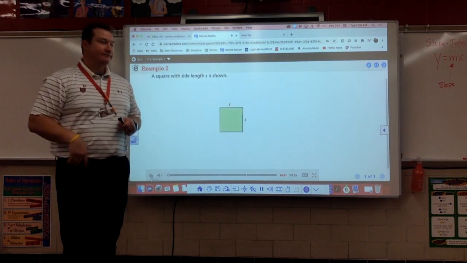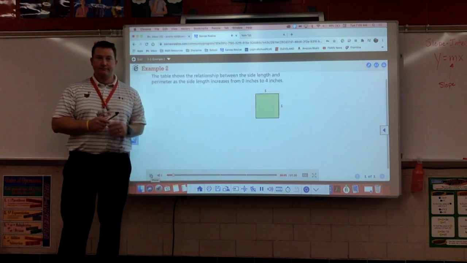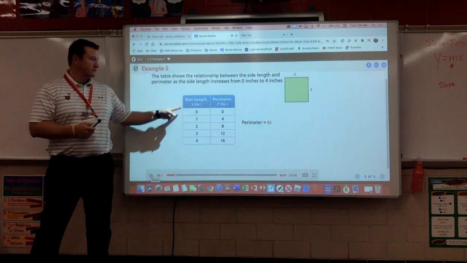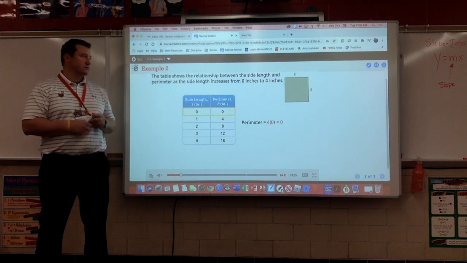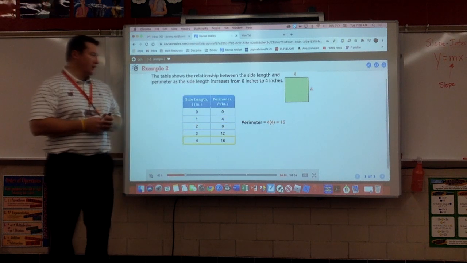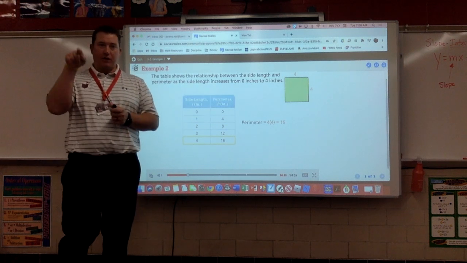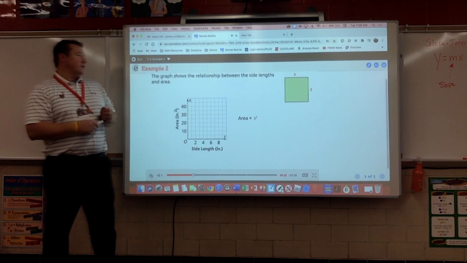Here we go. A square with side length s is shown. The table shows the relationship between the side length and perimeter as the side length increases from 0 inches to 4 inches. Perimeter: add them all up, goes around the figure. The graph shows the relationship between the side length and area.